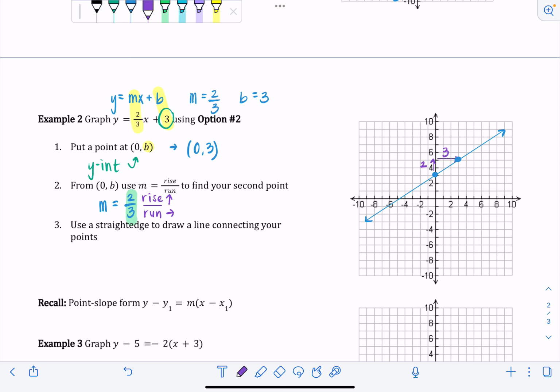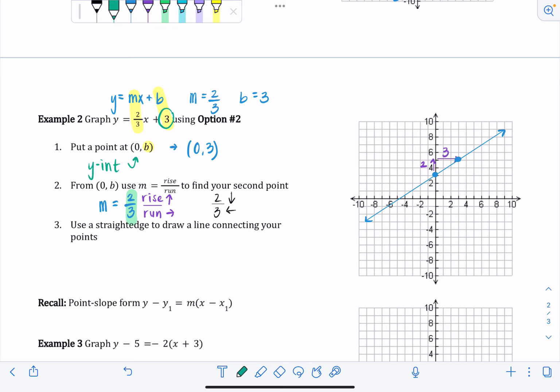So technically, just as a side note, we could have gone 2 down and 3 left, if we switched both directions. So instead of 2 up, 3 right, we could have gone 2 down, 3 left. As long as you switch both directions, you'll end up on the same line.